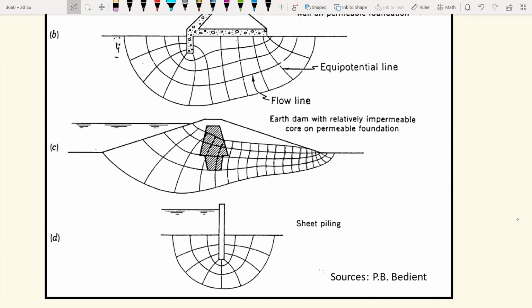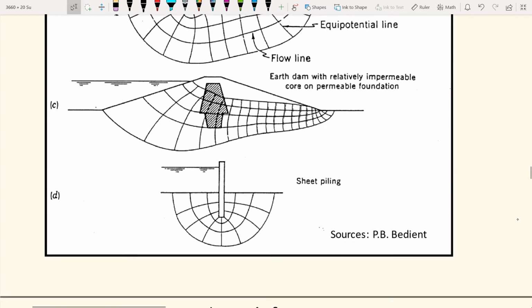If you have a very complicated dam with a core inside, this is the shape of the flow net. And if you have a simple sheet piling here, as we have seen as examples at the beginning, this is another flow net representing this 2D seepage, how the water flows through the structure and also the site.